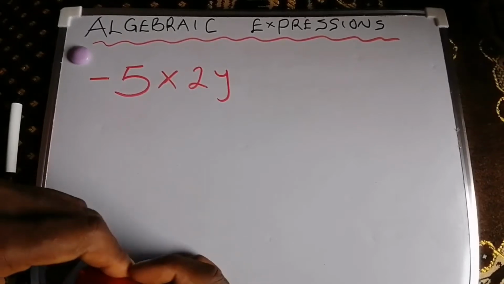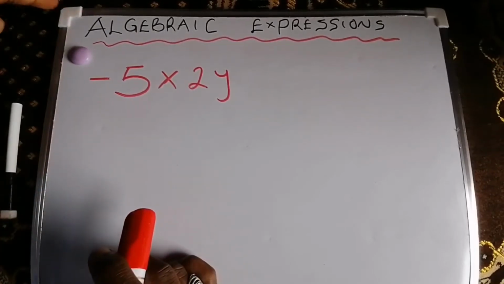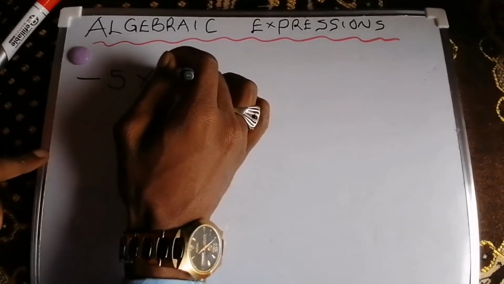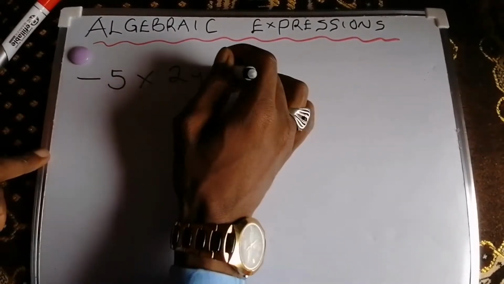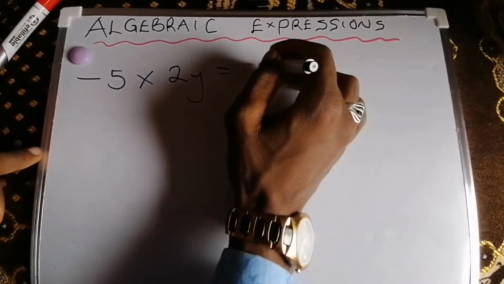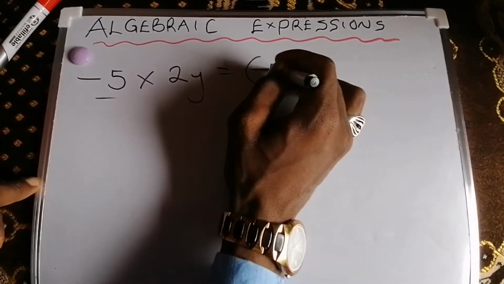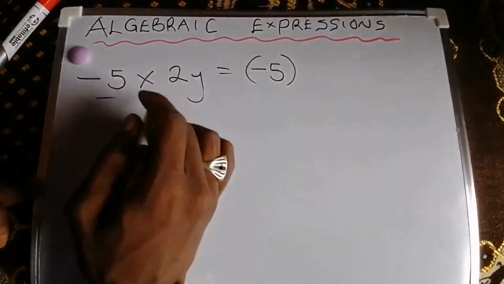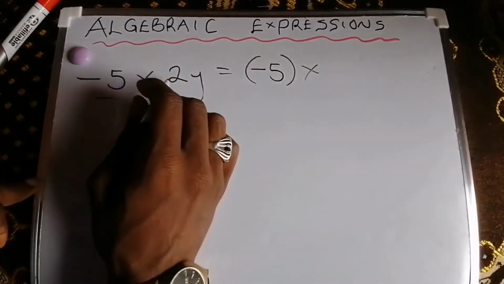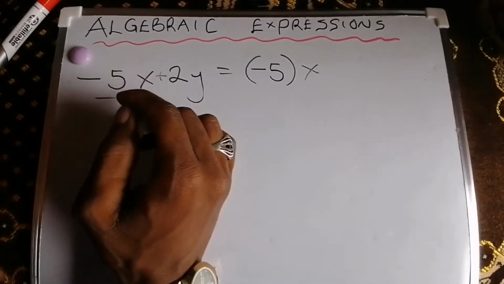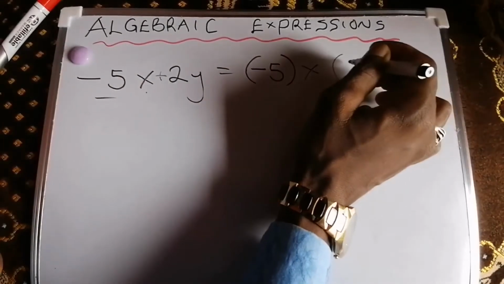Today I would like us to discuss algebraic expression. We have minus 5 times 2y, so equals to, we have minus 5 here, we open our bracket, right? Minus 5, we close it, times, here is 2, so this is positive 2, here is plus, so we open our bracket, right?